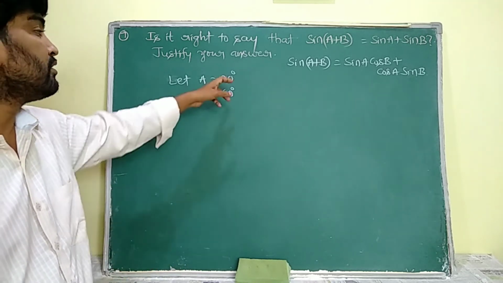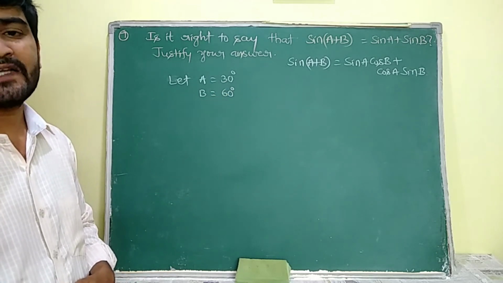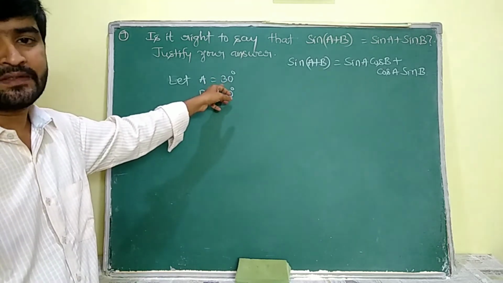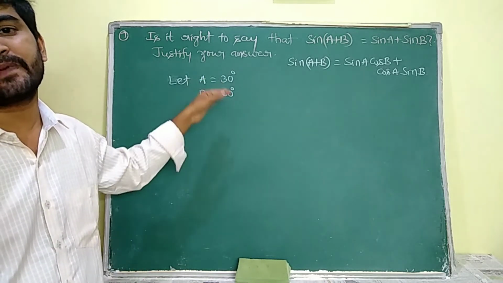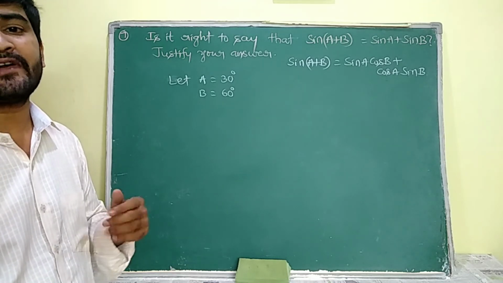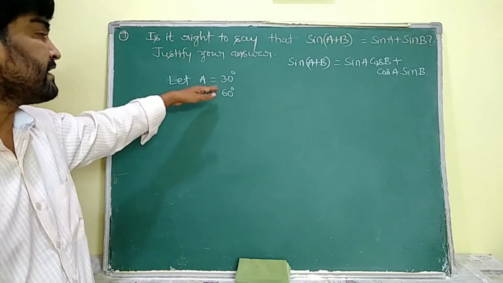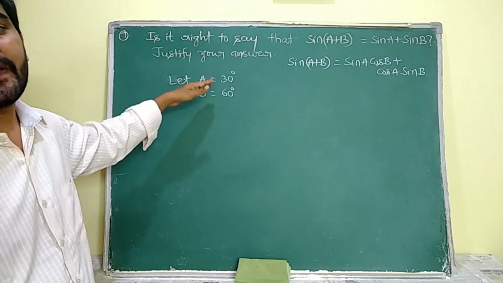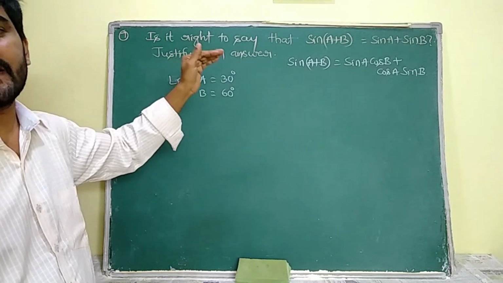That is why you take A as 30 and B as 60. You cannot take A as 30 and B as 45, because A plus B is 30 plus 45, which is 75, and the 75 degrees value is not known to you. That is why you take A and B as 30 and 60, and their sum A plus B, 90, is known to you.